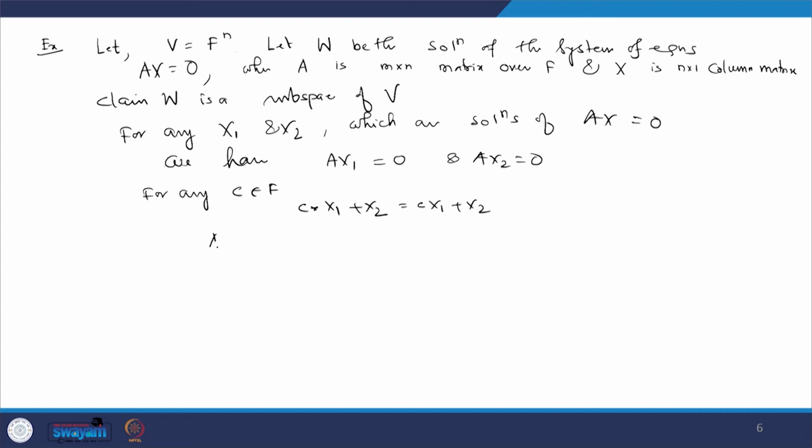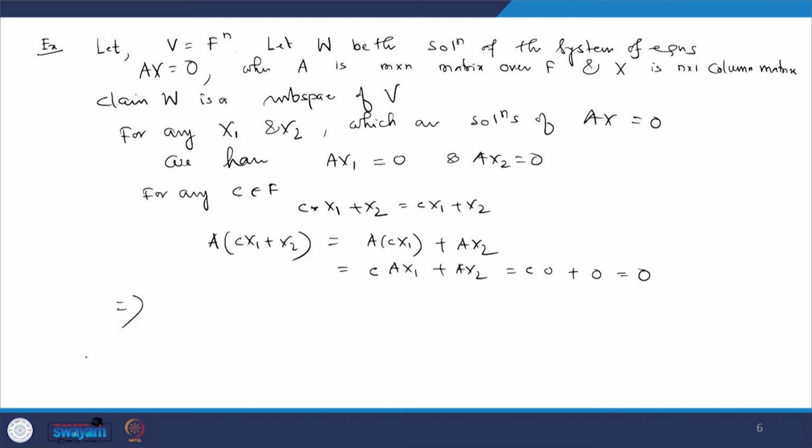I have to prove that A multiplied by (c x1 plus x2) is equal to A c x1 plus A x2. This is equal to, taking c common, c A x1 plus A x2, which is equal to c times 0 plus 0, which is equal to 0.